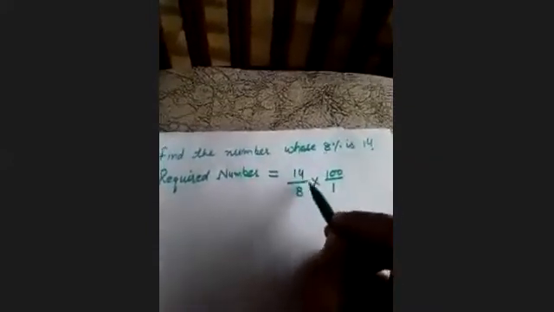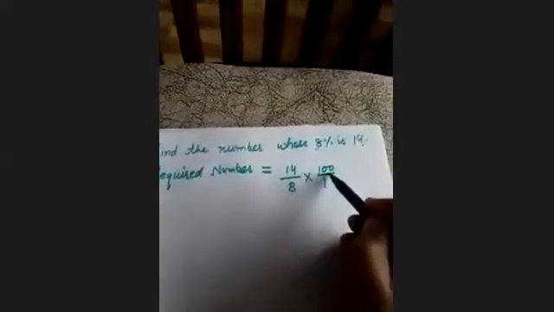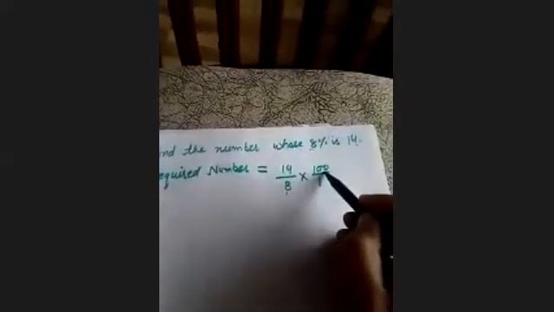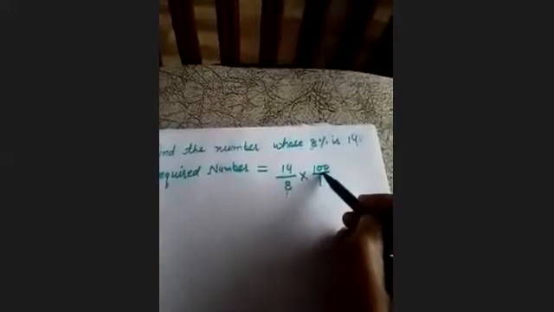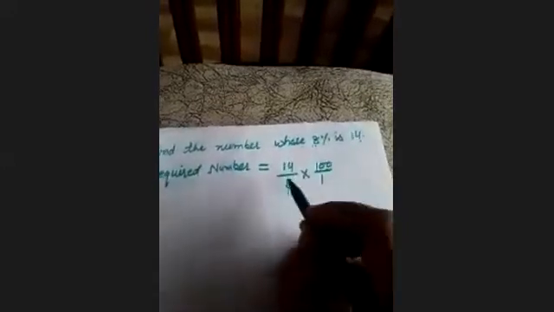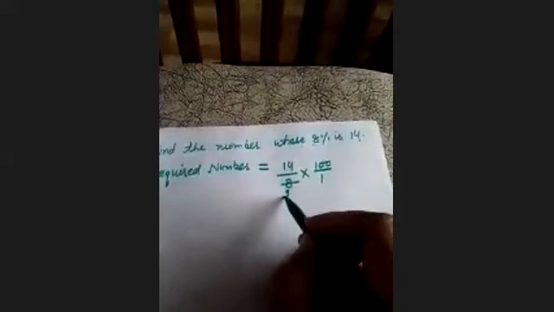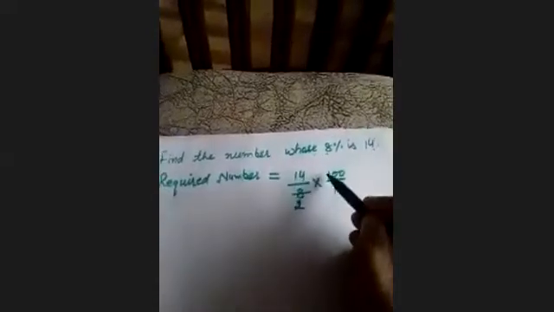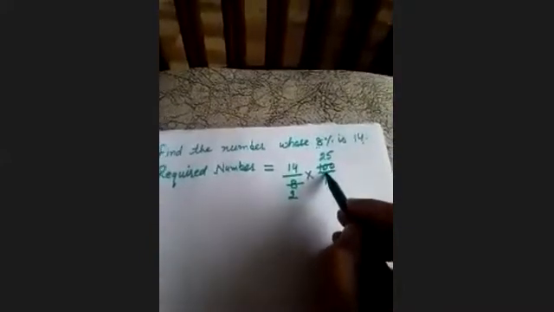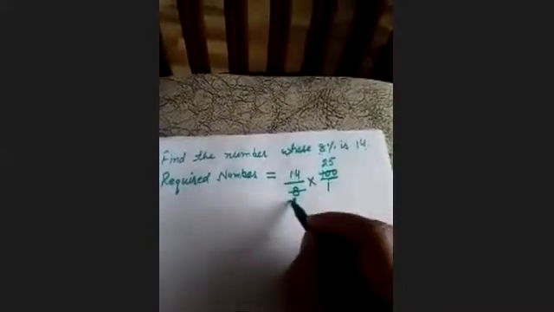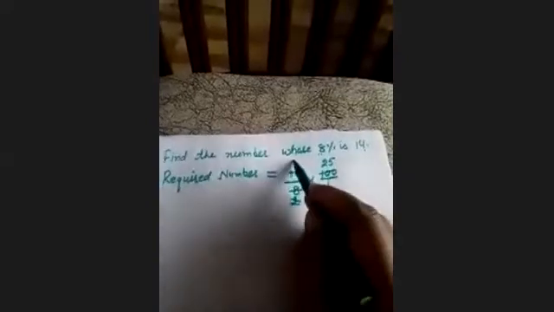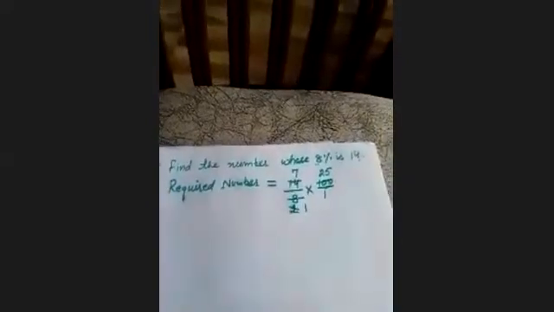Now students, 8 and 100 both are multiple of 4. So we'll divide by 4. 4 2 are 8 and 25 4 are 100. Now 2 1 are 2, 2 7 are 14.